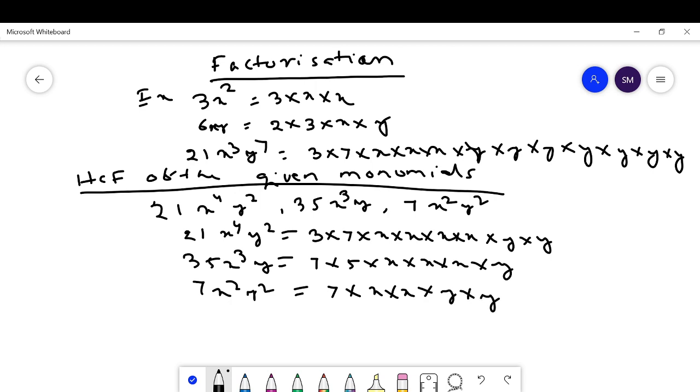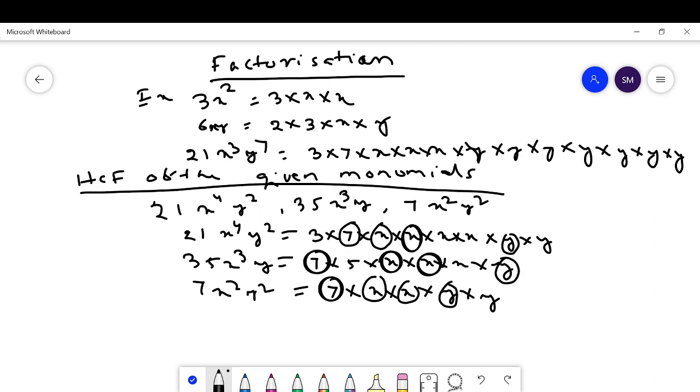Then, to find the HCF of the monomials, first find the common terms. The common terms are 7, 7, 7. Then x, x, x. Then y, y, y.